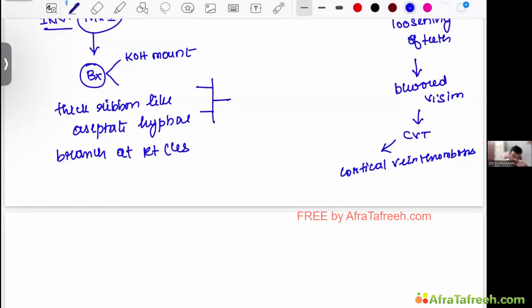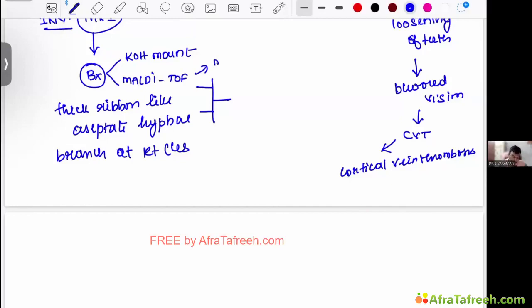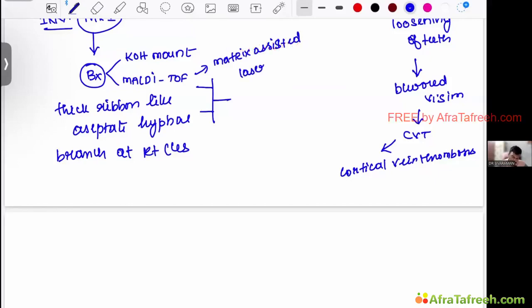Or you can also go for another test called MALDI-TOF. What is MALDI-TOF? Matrix-assisted laser desorption ionization.